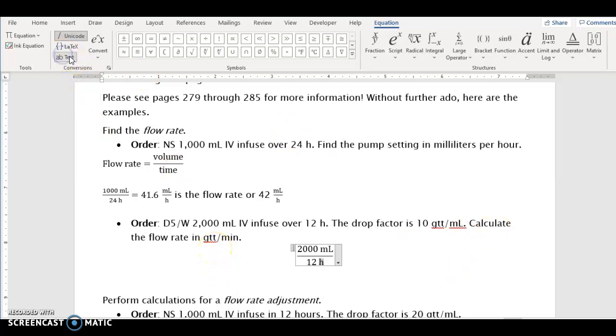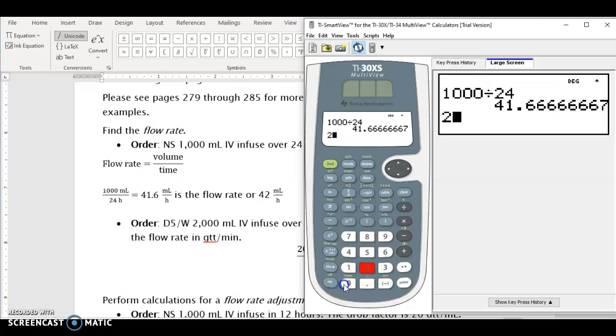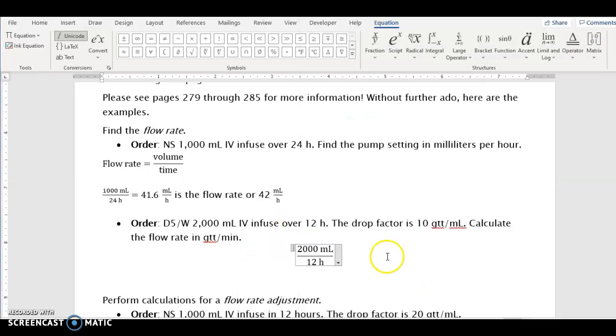So you can put that in the calculator: 2000 divided by 12. If it gives you a decimal like that, go ahead and round it to the nearest whole number. So this is equal to 167 milliliters per hour, to the nearest whole number.